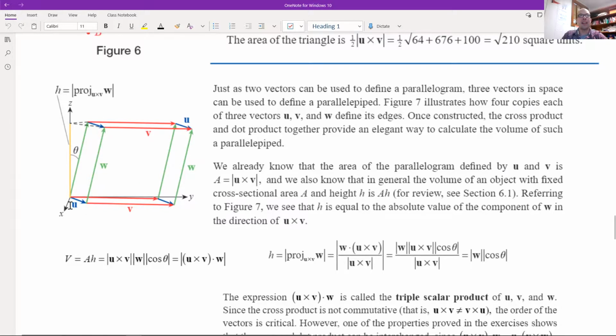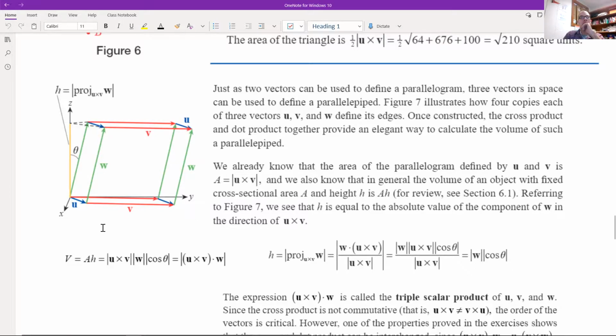So we would be finding the area of the parallelogram between U and V, and then we would just need to figure out a height that is perpendicular to that, for this parallelogram. And the idea for the height is that it's not going to be the magnitude of W exactly, because W can be slanted. But what we would want to do is project W onto the cross product of U and V, because we know the cross product is perpendicular to U and V. So that gives us a really nice direction for the height.